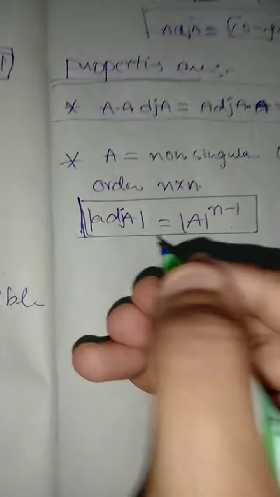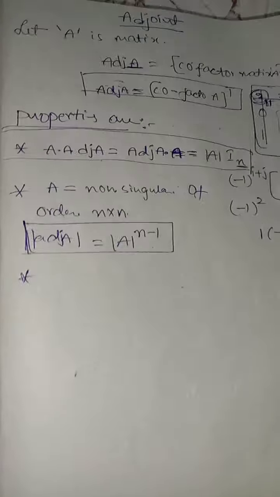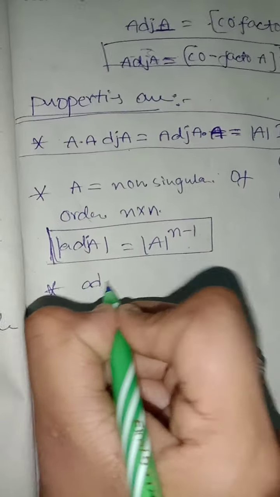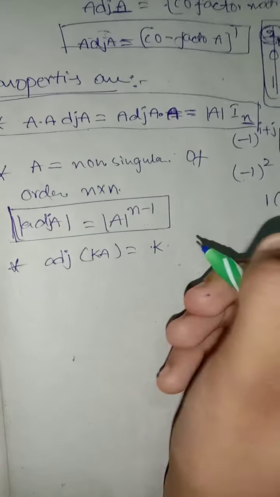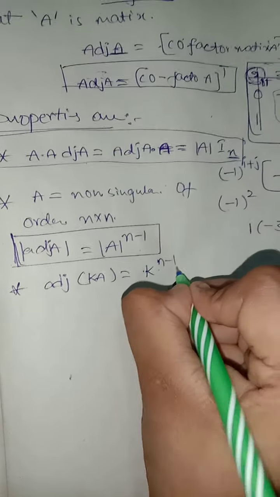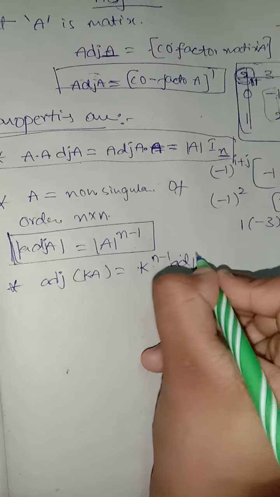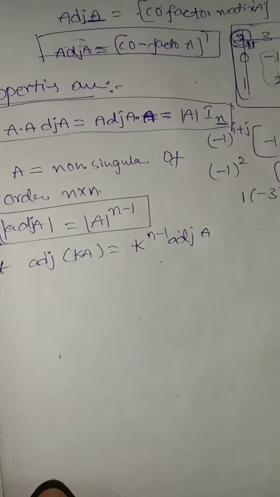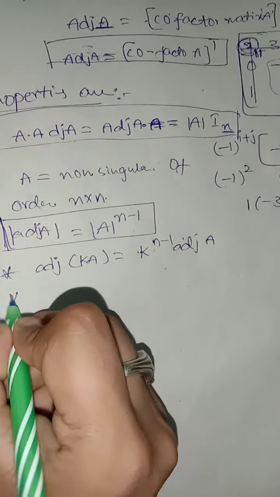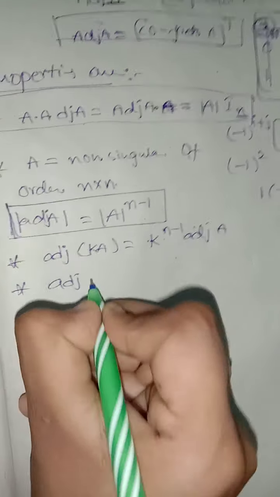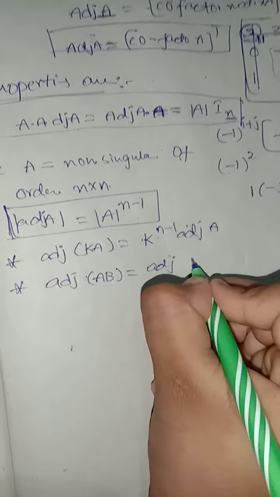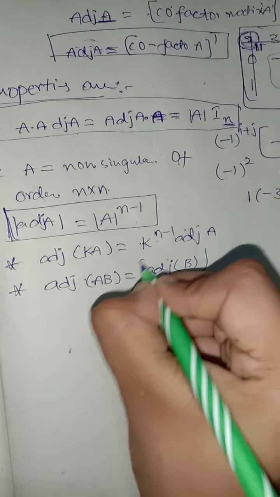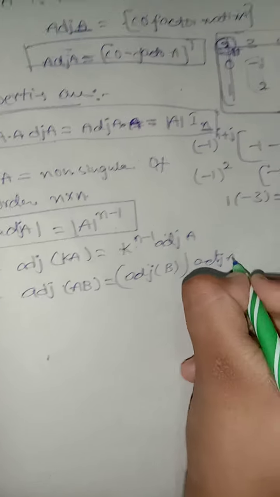Okay. And the next property is adjoint of kA equals k power n minus 1 into adjoint of A. And the next property, adjoint of AB equals adjoint of B into adjoint of A. Reverse.